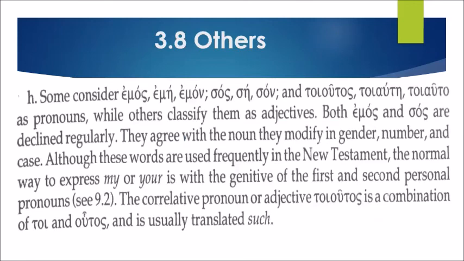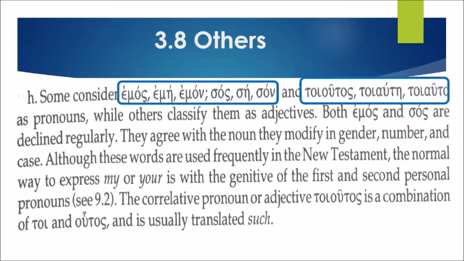So others, some consider emos, emē, emon, sos, sē, son, and toioutos, toiautē, toiouto as pronouns, while others classify them as adjectives. Both emos and sos are declined regularly. They agree with the noun they modify in gender, number, and case.